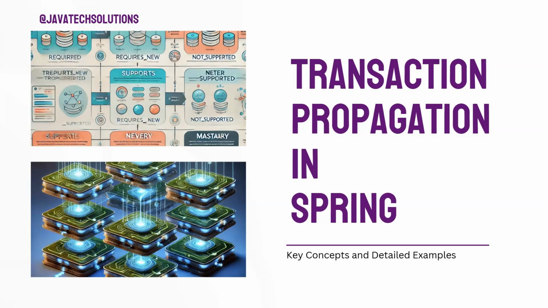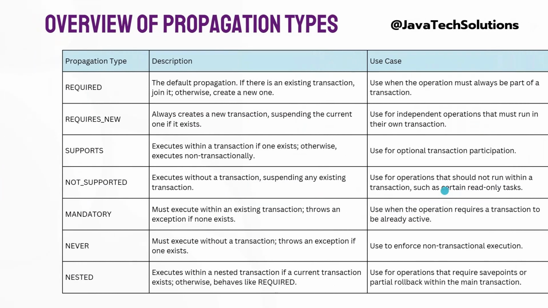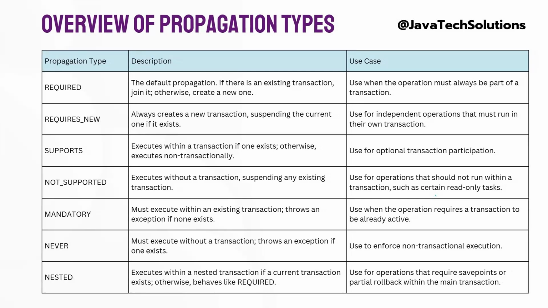Okay, so next we are going to talk about the different types of propagation. In my last session I have already covered what the different types of propagation are. Here I am going to talk about the details of it. As you know, Spring Boot provides 7 propagation types, right?